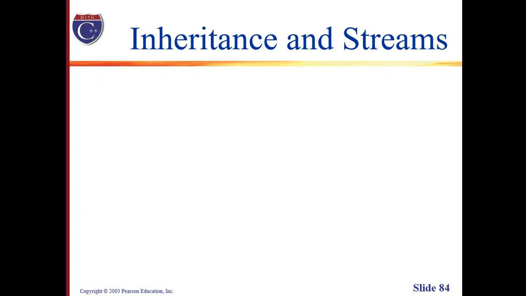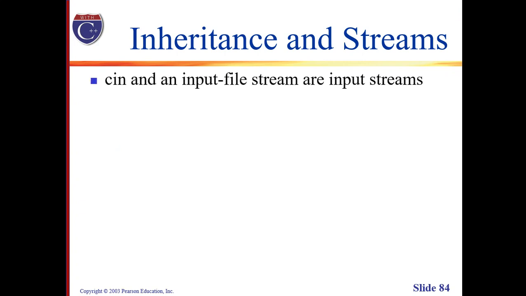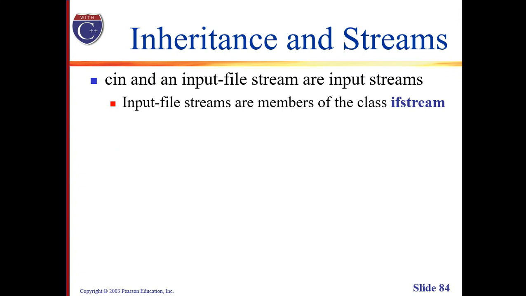Let's talk about inheritance and streams. Cin and input file stream are examples of input streams. Input file streams are members of the class input file stream, spelled as ifstream. Of course, such kind of input stream class can be connected to a file.